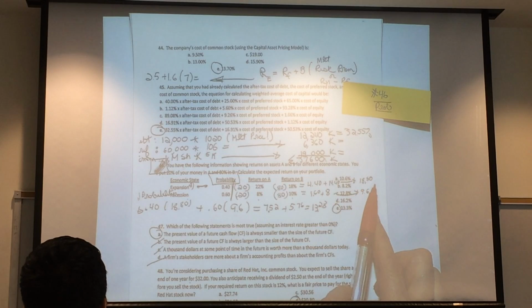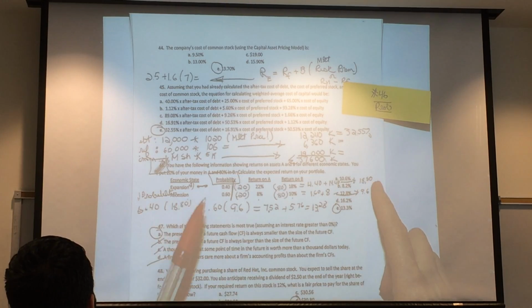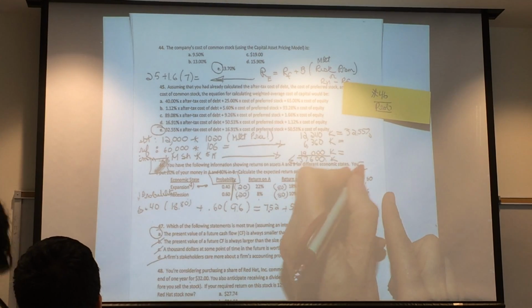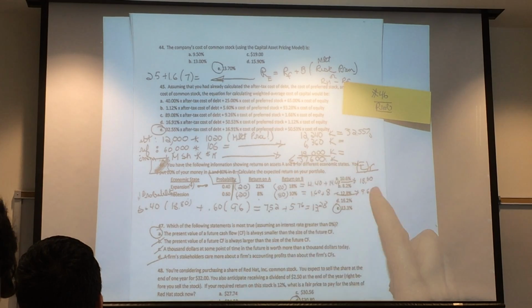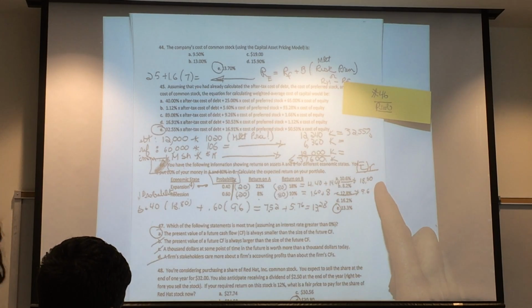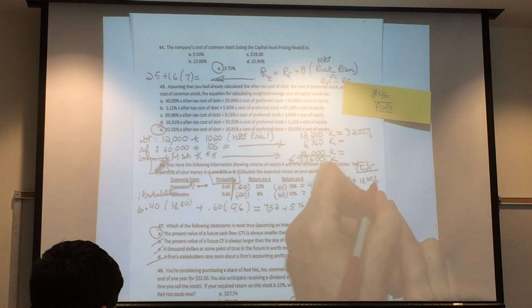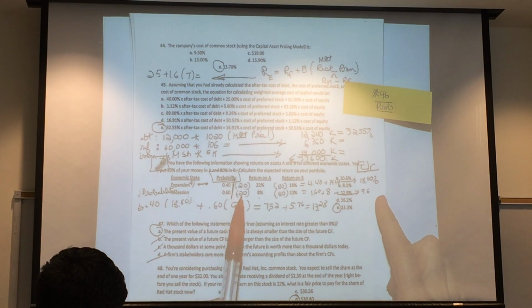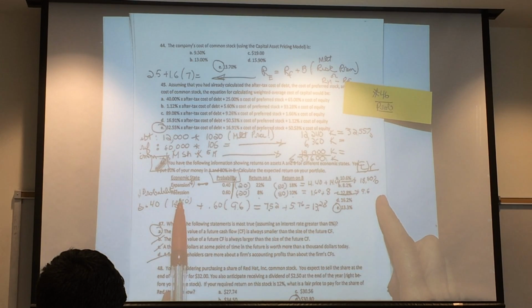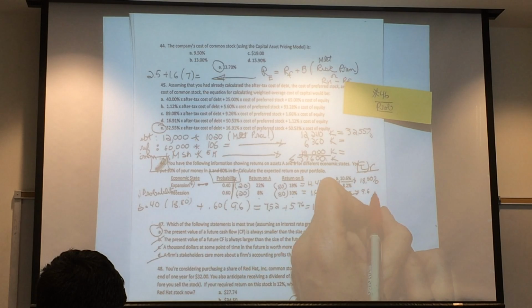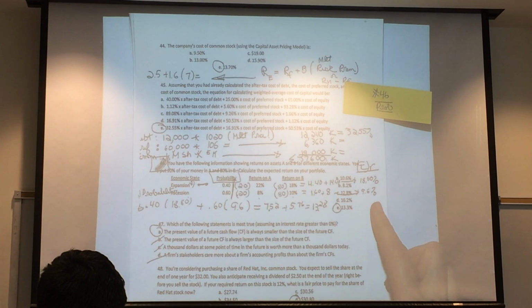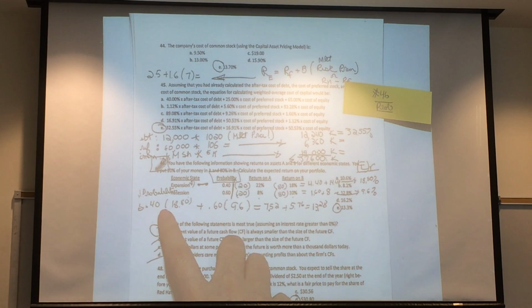The expected return in an expansion is 18.8%. Then I took the 20% times the 8% and the 80% times 10%, which is what you would make in a recession. That gives you an expected return of 9.6%. Then I take those two and bring them down and use them with my probabilities.